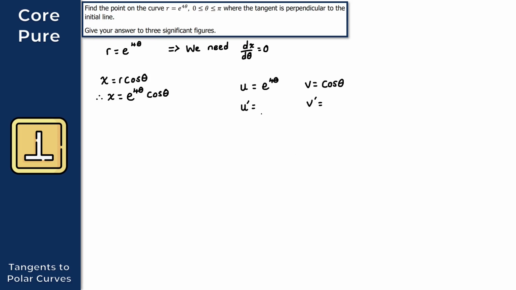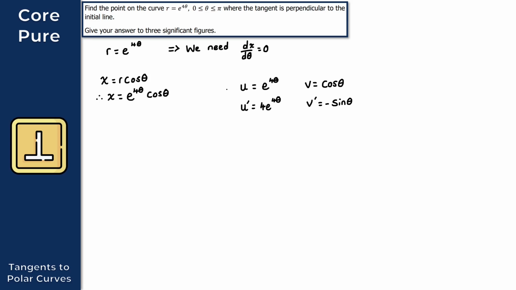Okay, so nice and straightforward, the derivative of u with respect to theta, we get 4e to the 4 theta, like so. And then for v prime, again nice and straightforward, just differentiate v with respect to theta, we get minus sine theta.